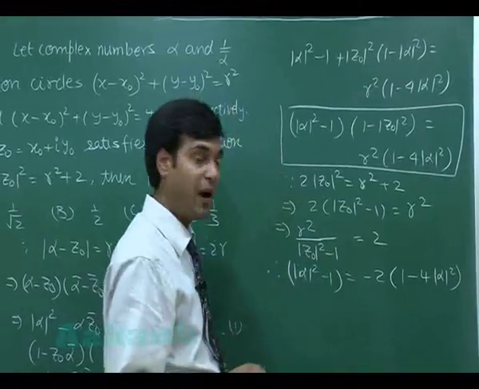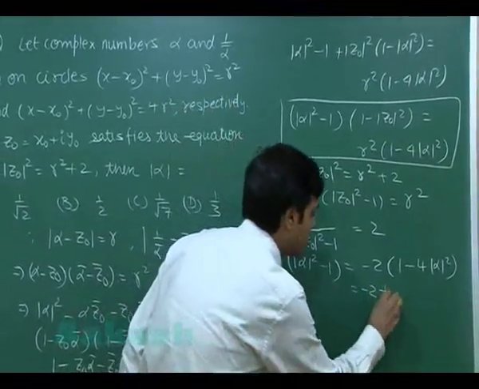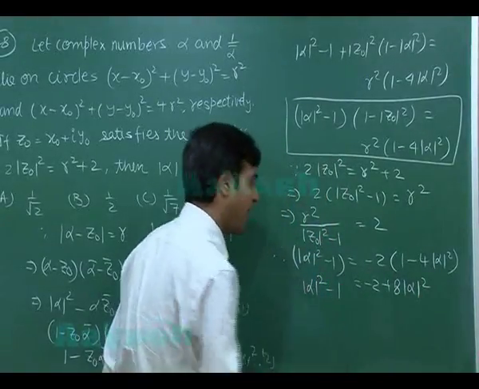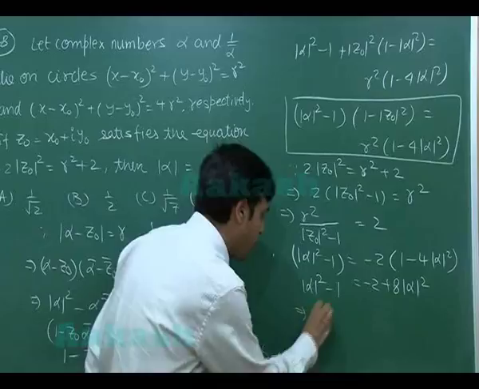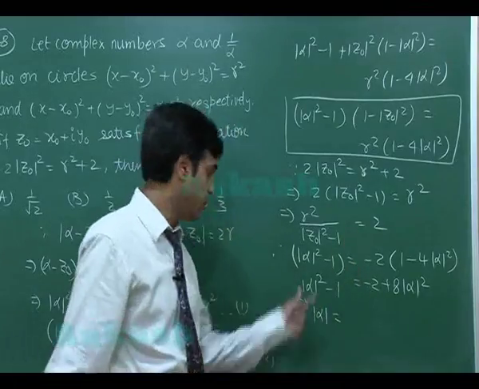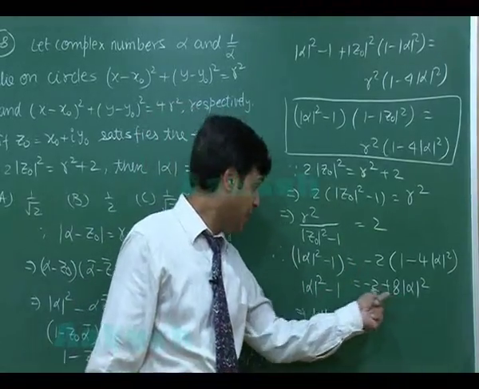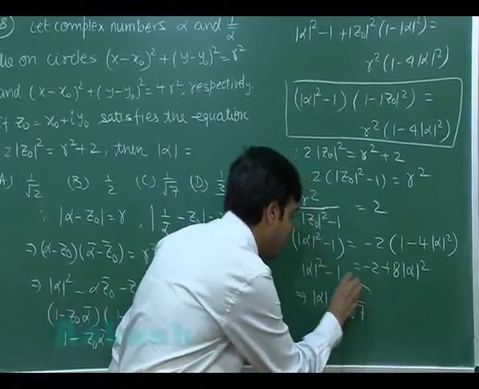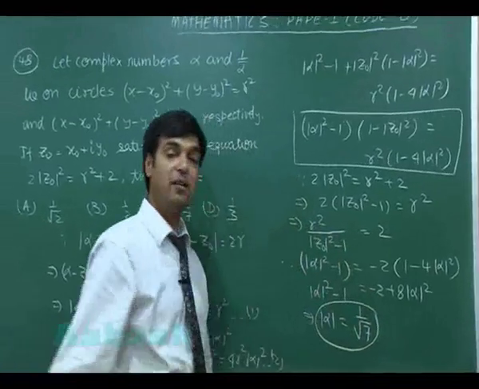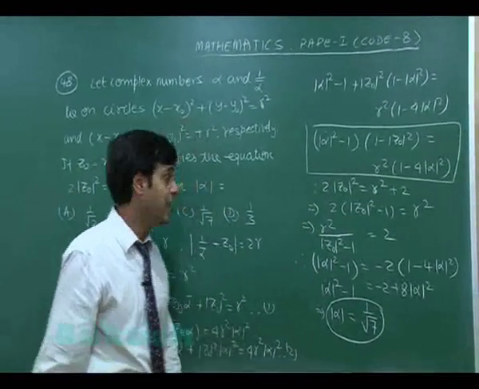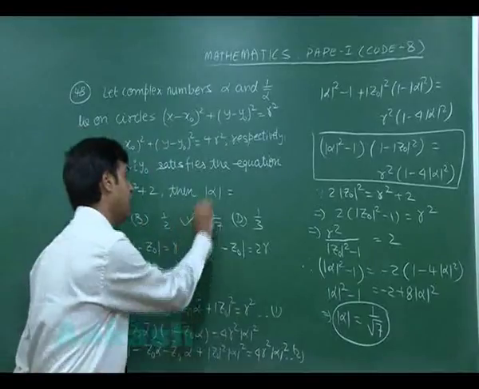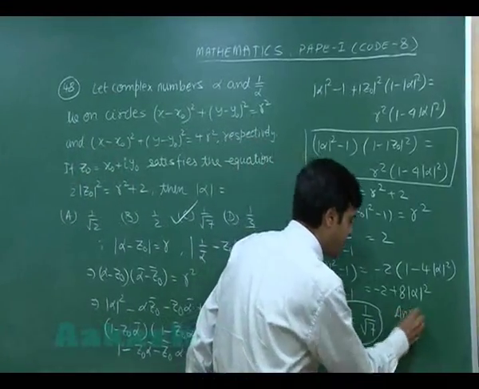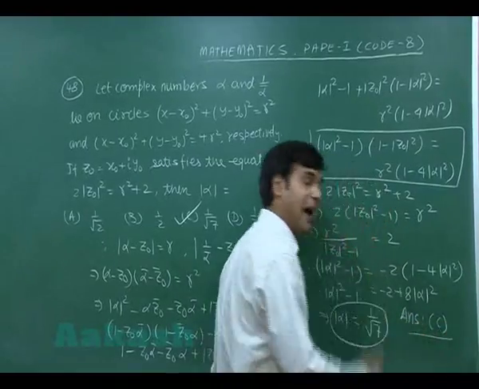Just the simplification part is left, that is minus 2 plus 8 mod alpha square, this is mod alpha square minus 1, giving me 7 mod alpha square is equal to 1, so mod alpha is 1 by root 7. So in this manner we obtain the value of mod alpha as 1 by root 7, which is option number C. So the correct answer for this question is C.